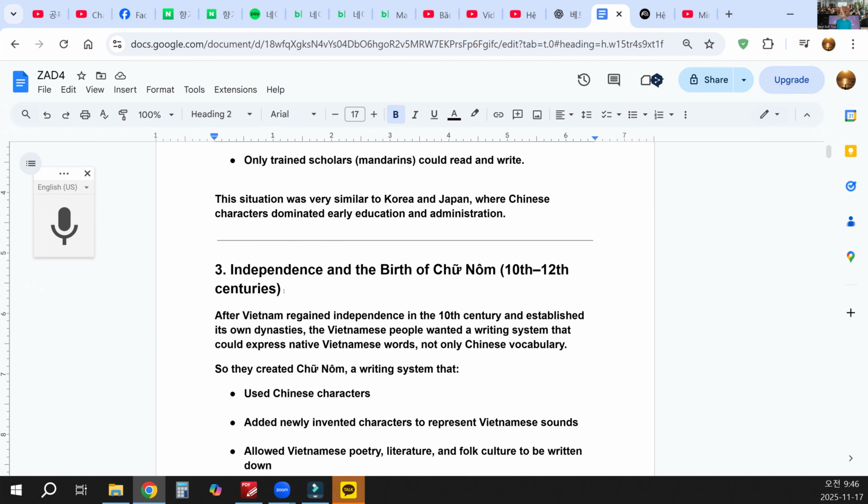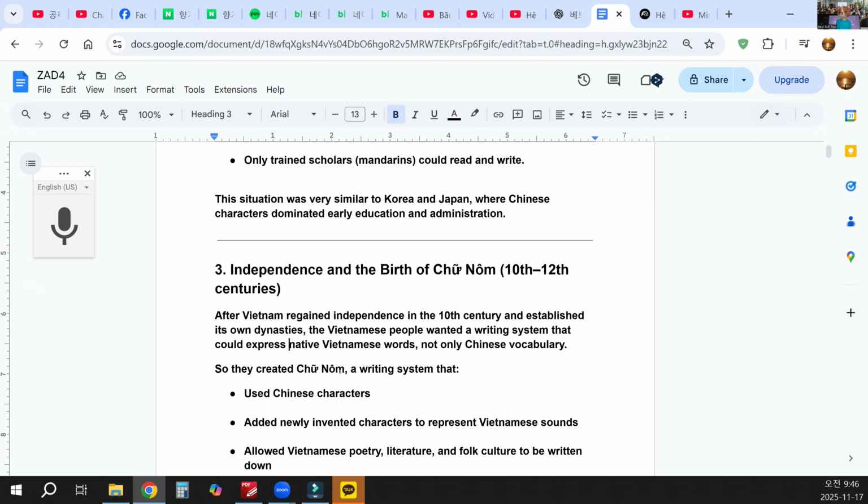Independence and the birth of Chu Nom, 10th to 12th century. After Vietnam regained independence in the 10th century and established its own dynasty, the Vietnamese people wanted a writing system that could express native Vietnamese words, not only Chinese vocabulary.